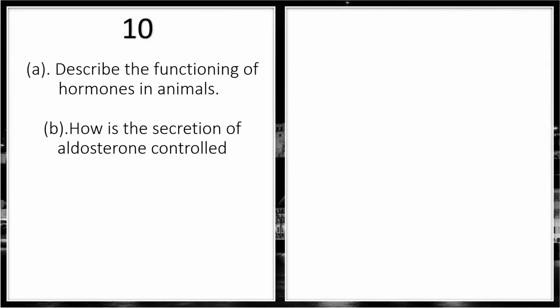Number 10. Describe the functioning of hormones in animals. Part B. How is the secretion of aldosterone controlled?